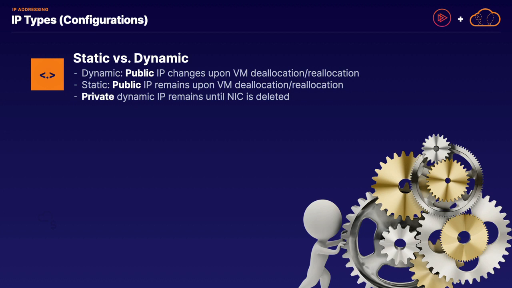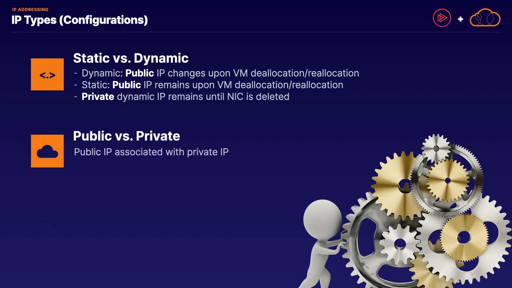The other configuration type, again, should be familiar to most of you, is public versus private. Public IPs are, of course, public to the entire internet, and a private IP falls inside of that Class A, B, or C range, which is only available to private network resources. Although keep in mind, one interesting behind-the-scenes fact is that a public IP address on Azure is actually associated with a private IP, or attached to that private IP as a separate public IP association.